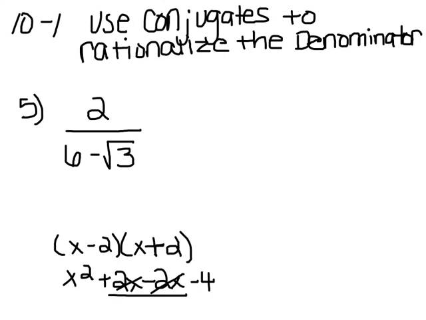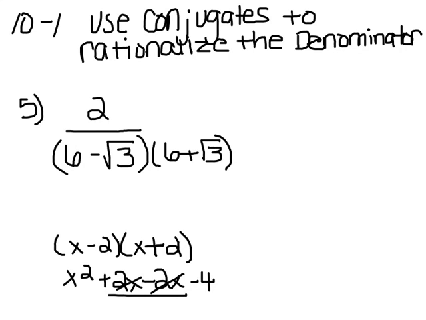Well, we need to take this expression in our denominator and multiply it by the conjugate. Conjugates are the same term but with opposite signs. So we need to multiply the bottom, our denominator, by 6 plus radical 3.